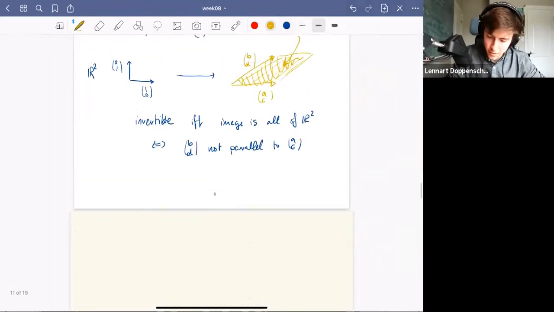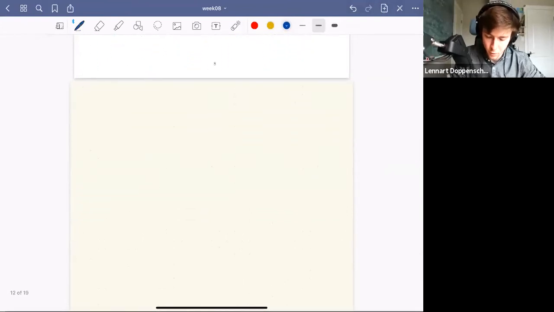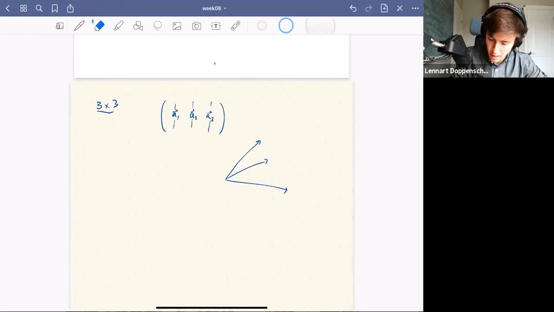Just to give you an outlook, we're not going to cover this, but if you have a 3 by 3 matrix, then you can think about the vector A1 as the first column, the second column we can call A2, and then the third A3. You can think about these as 3 vectors, and there's a volume associated to this, called a parallelepiped.